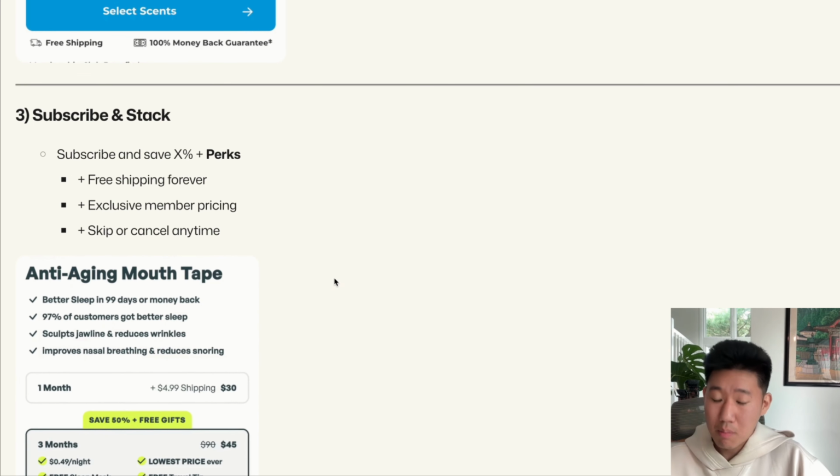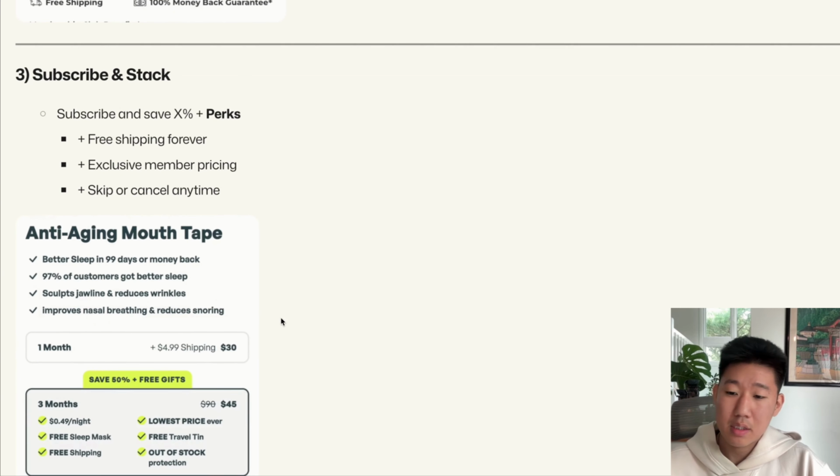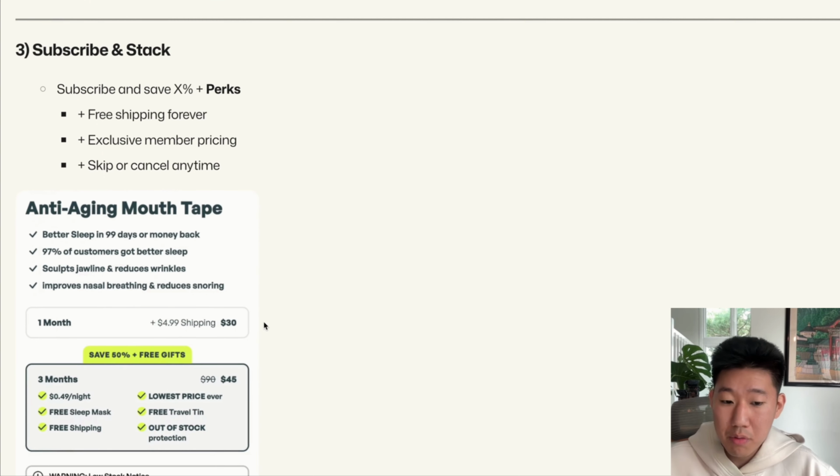Number three is subscribe and stack. This is a common one that most of you guys are probably running, but here's the difference: you want to communicate the perks, the value of actually subscribing, right? Most brands just offer that 10%, 15% discount, free shipping, which is great, but you want to give them more incentive to subscribe. Especially in DTC e-commerce, you want to maximize every customer's lifetime value.